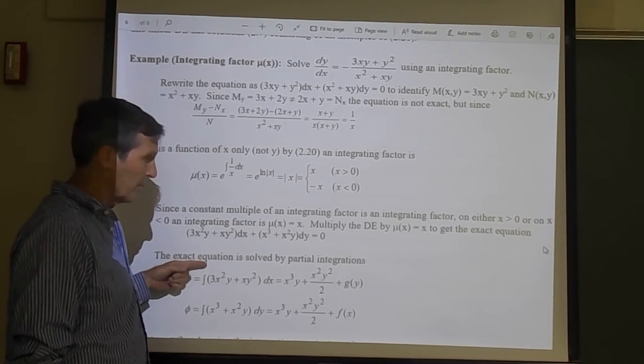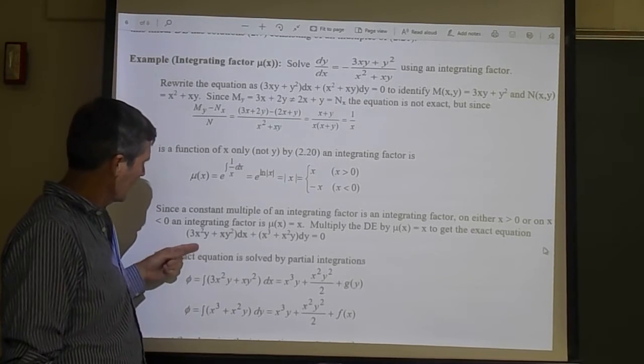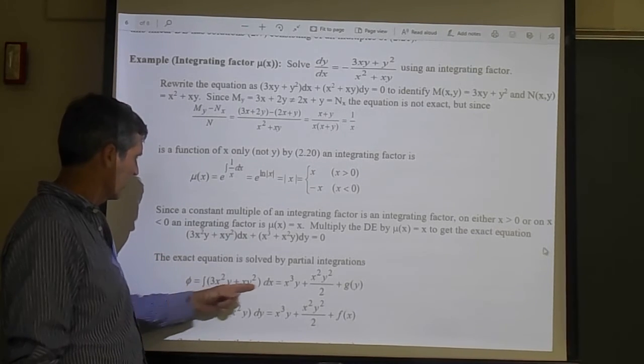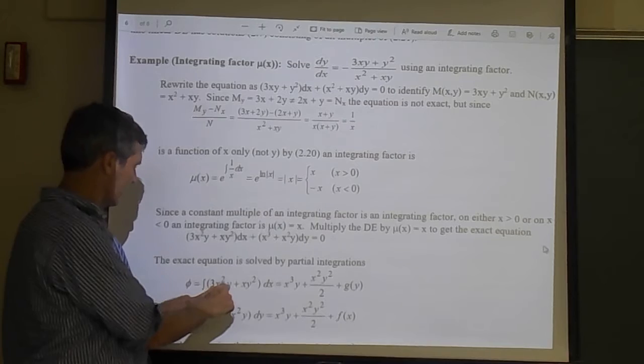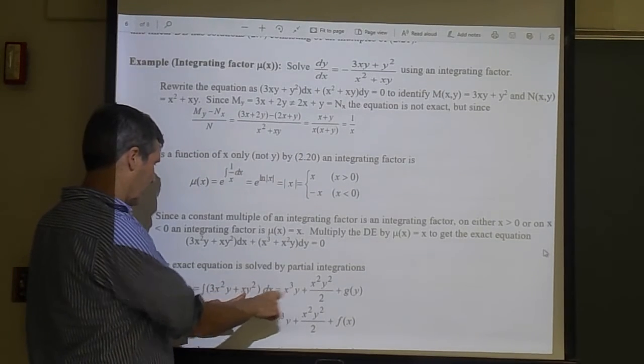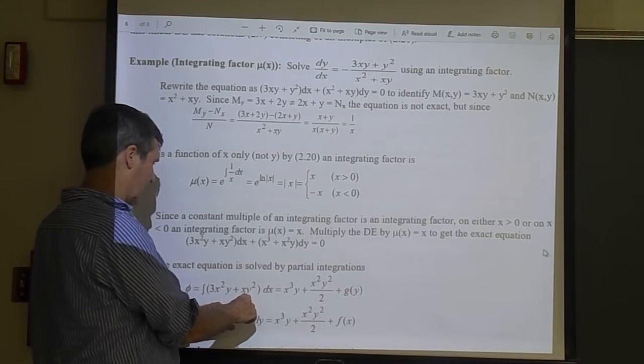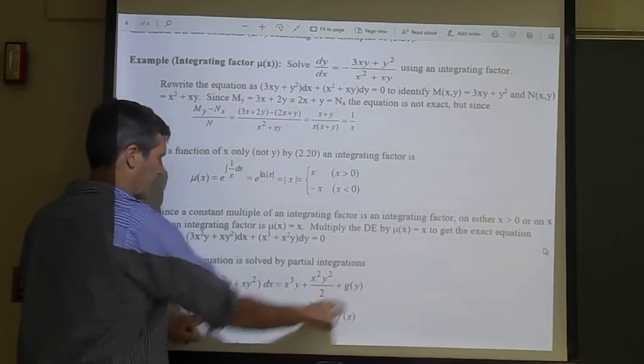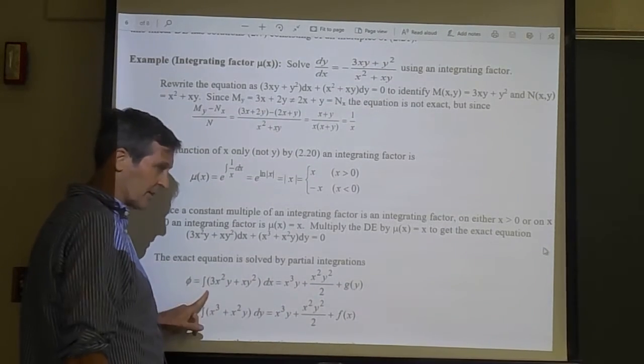Now, to apply your method for exact equations, you integrate this one with respect to x, partial integral. And let's see, this is x cubed y. Partial integral of this with respect to x is 1/2 x squared y squared. Then there's an arbitrary function of y because y is treated as a constant.